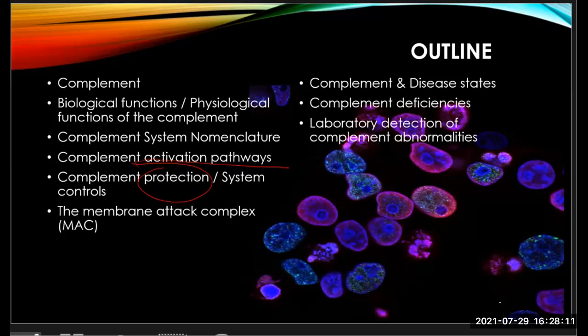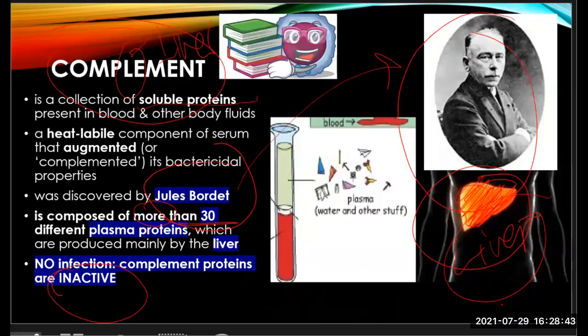The most important topic will be the complement activation pathways, which much of our talk will be centered on, and we have complement regulatory system controls. We also have the terminal membrane attack complex or MAC, and we will also be talking about disease states in correlation to complement, specifically the complement deficiencies, and lastly we will have the laboratory detection of complement abnormalities. So let's start.